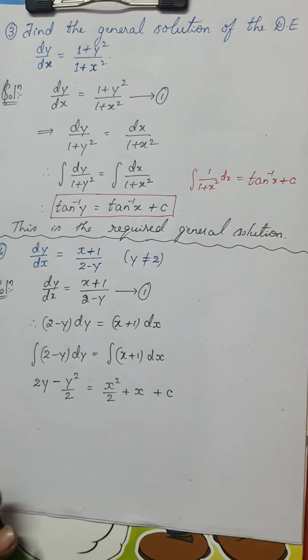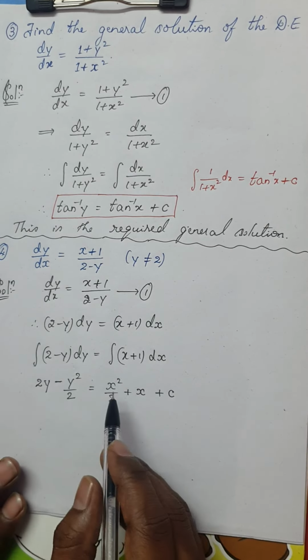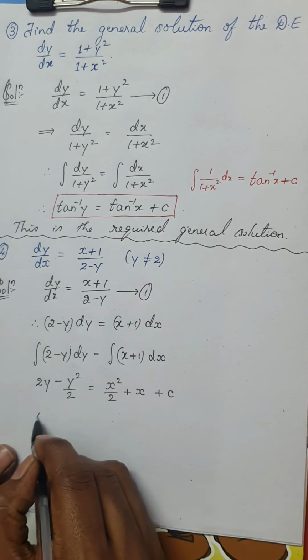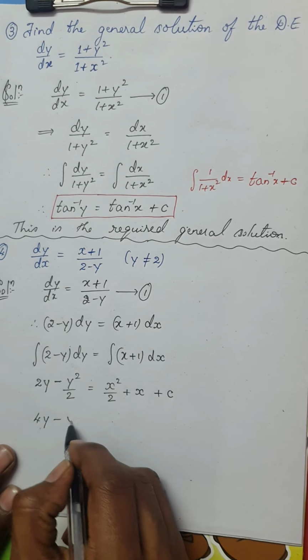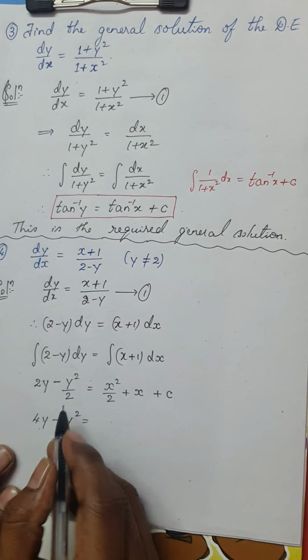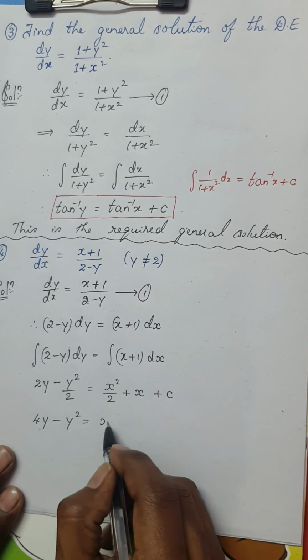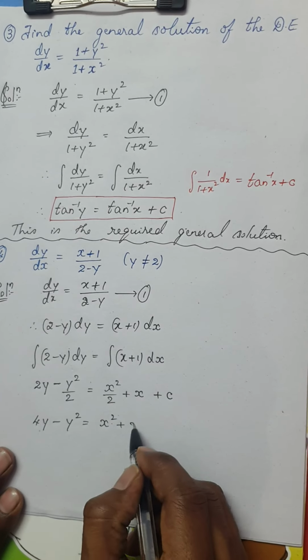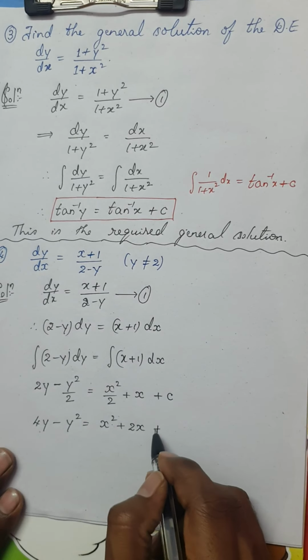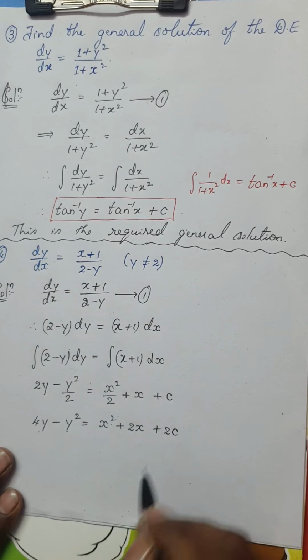Now if you multiply throughout by 2, you are going to get 4y minus y square is equal to x square plus, please be very careful, 2x plus 2c.